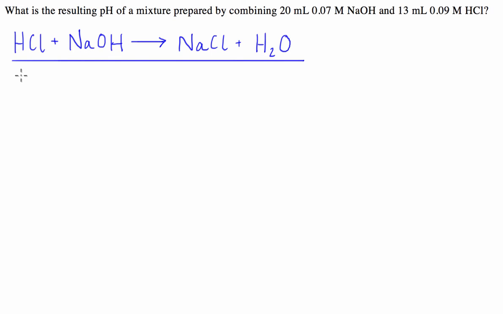First of all, we're going to work out the number of moles of acid, so the number of moles of hydrochloric acid. To do this, we're going to use the formula concentration times volume. In this case, the concentration is 0.09, and the volume, because these have to be in litres, is 0.013.